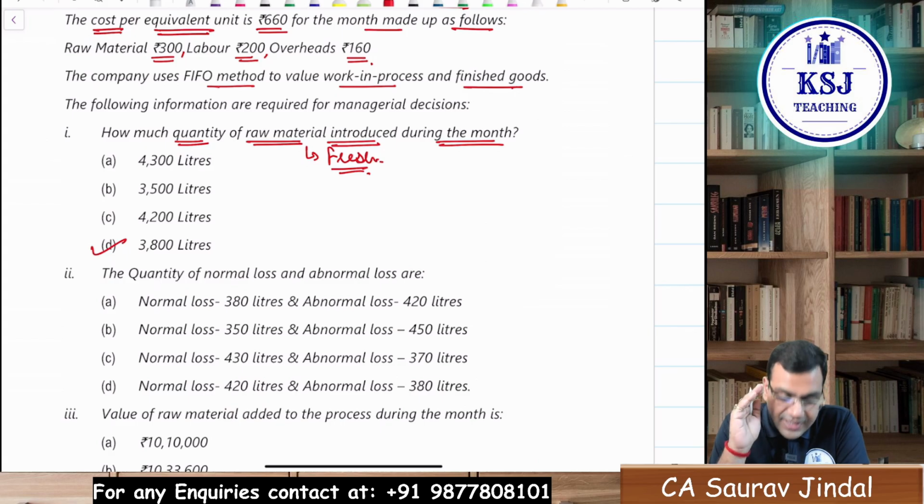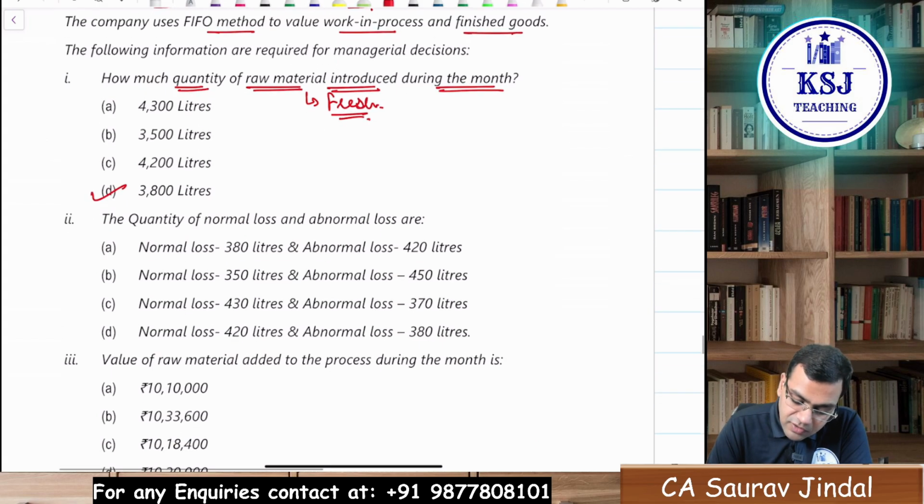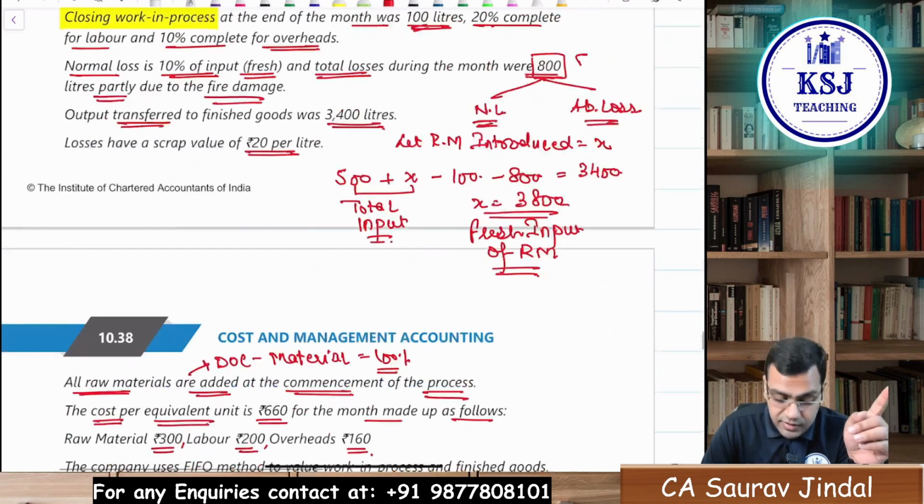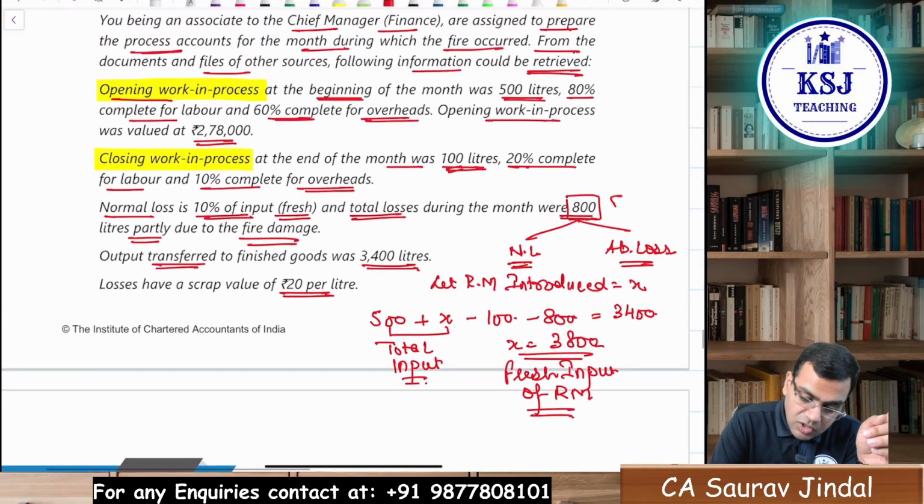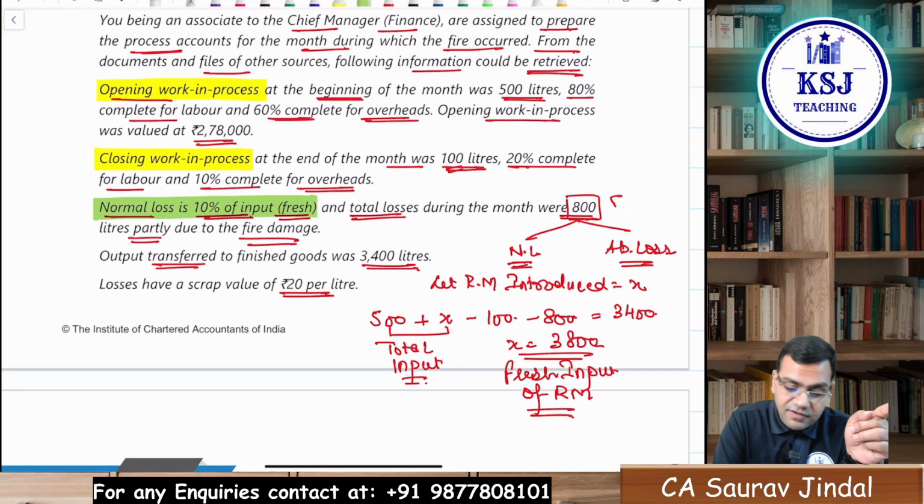Now, second thing they are asking is the quantity of normal loss and abnormal loss. See, the total loss is how much? Total loss is 800. Out of this 800, something is your normal loss and some is abnormal loss. Normal loss is 10% of what? Read the line very carefully. Normal loss is 10% of the fresh input. What is the fresh input we have just calculated? 3800.